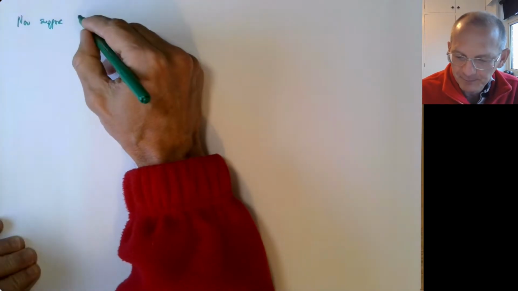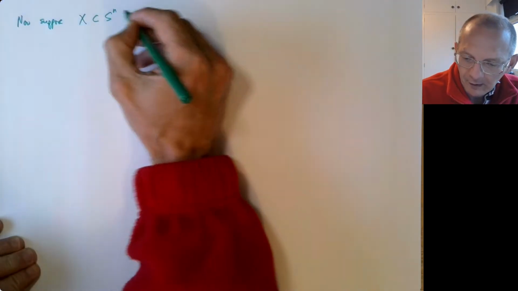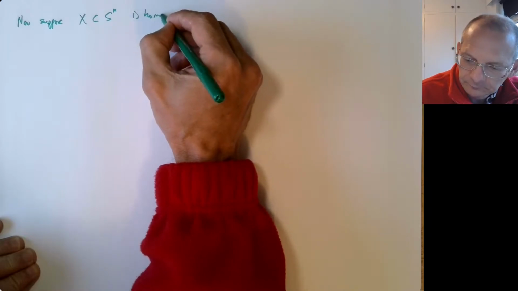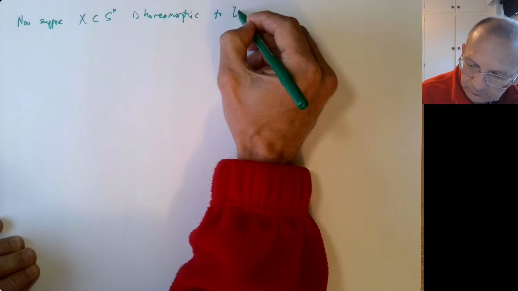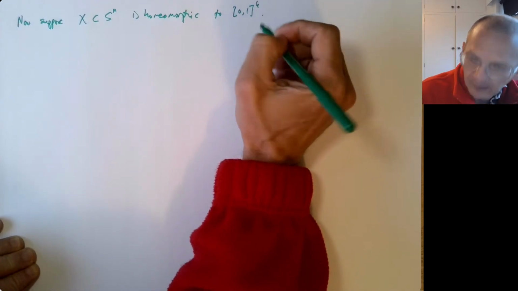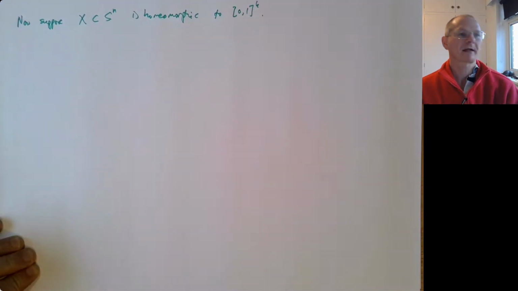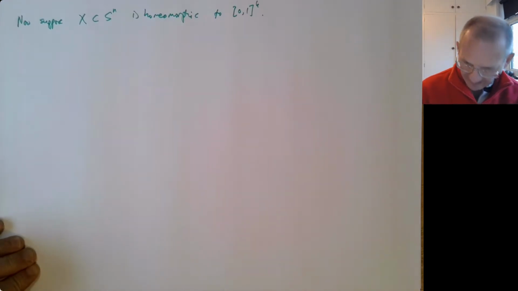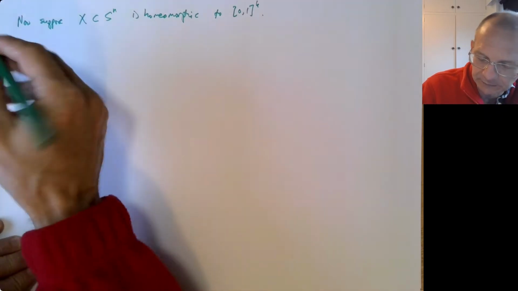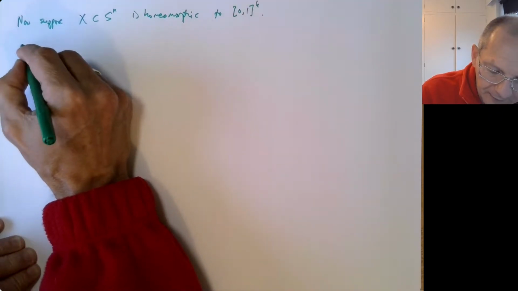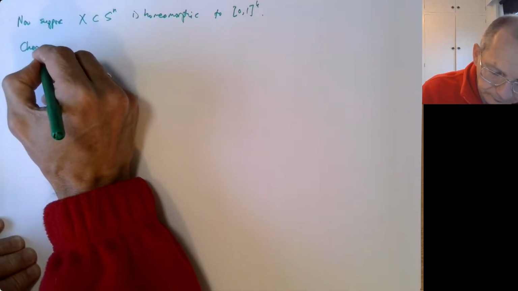Okay, so now let's suppose that we've got some X in S^n, which is homeomorphic to [0,1]^k.